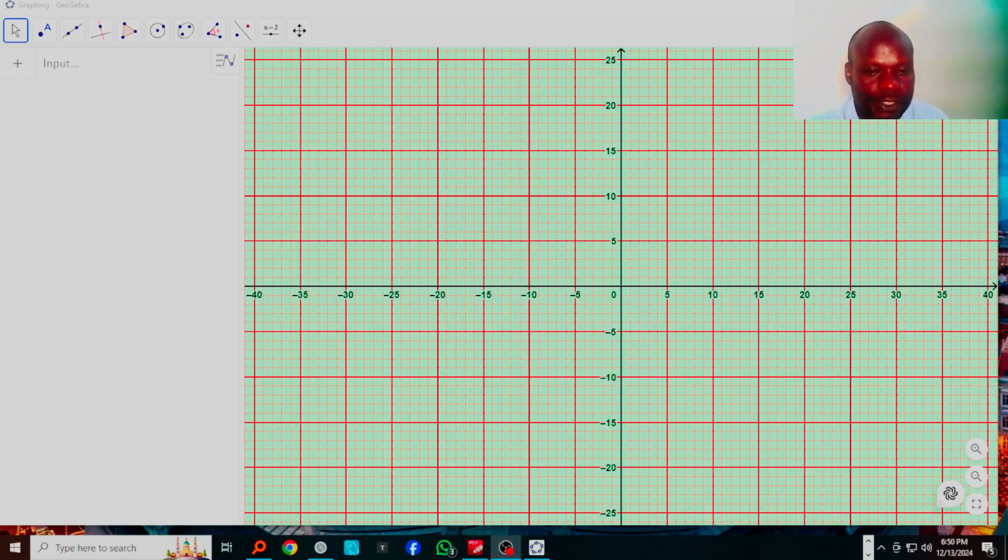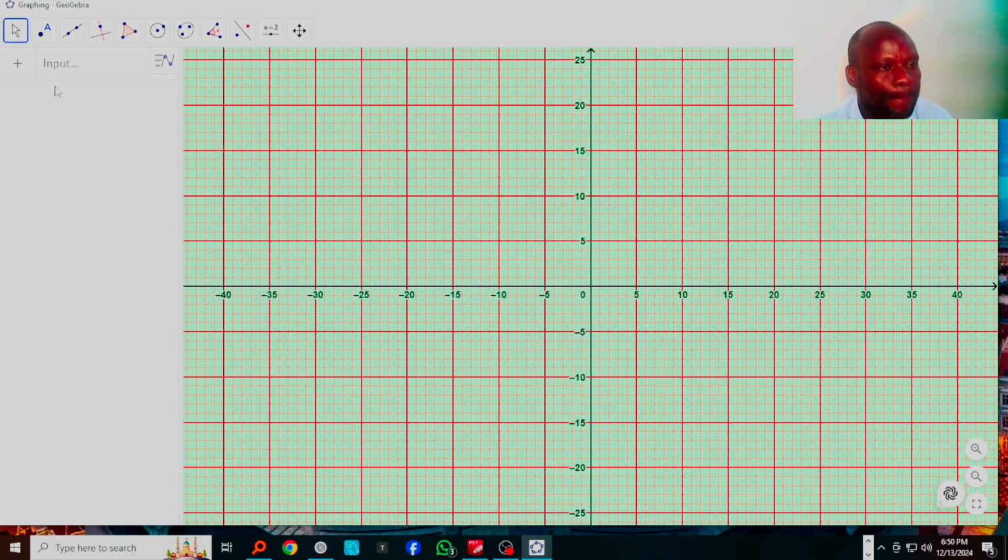Now we see how our curve looks like, because now we want to observe the physical form of the curve. We want to visualize. We take it from the equation that we had to a graphing that we can observe so that we study its features.